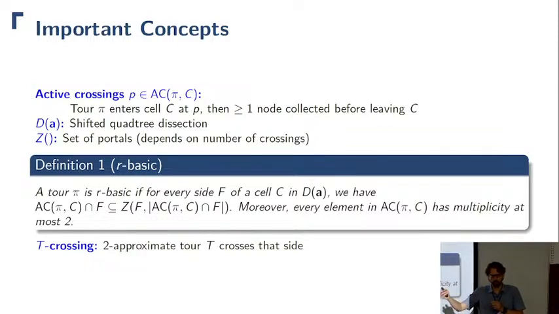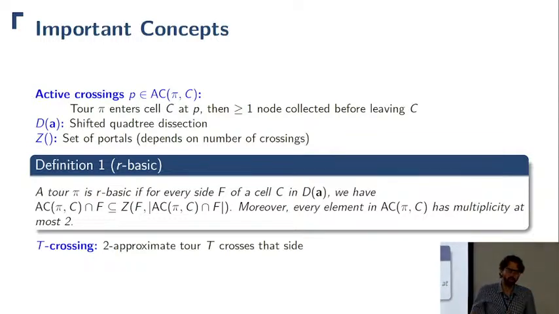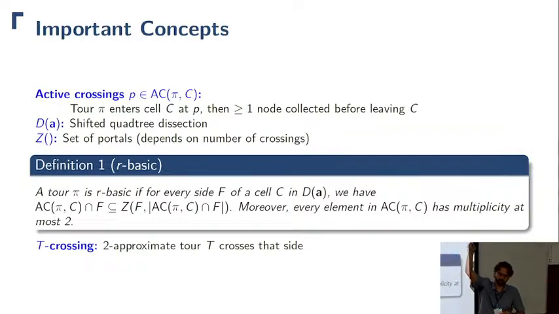It could be that the tour goes into the square, collects some vertices and goes out, or it could be that the tour goes into the square and directly goes out somewhere else. An active crossing is a crossing that also collects something inside the square. A non-active crossing is a crossing that jumps right through the square and goes out.